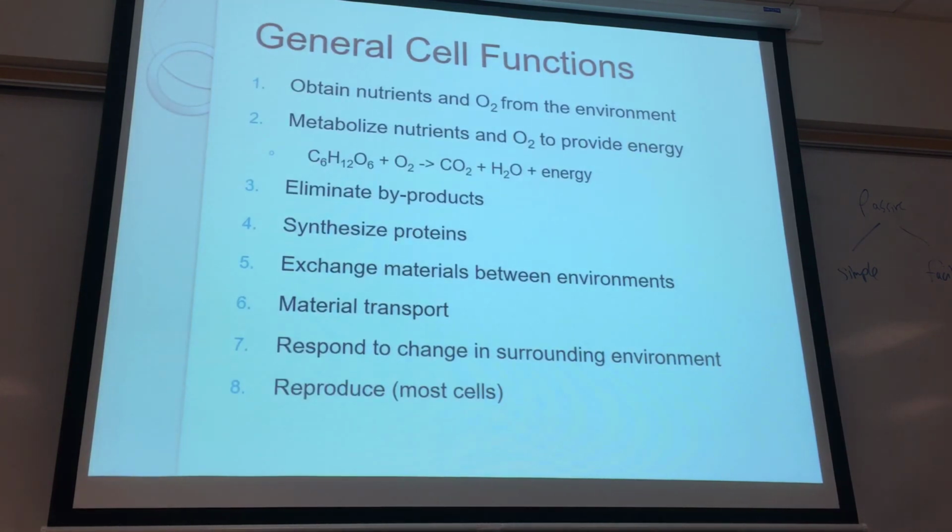So far, in this process, we've been able to look at how we eliminate byproducts. We talked about the elimination of byproducts through lysosomes. We've talked about synthesizing proteins through the process of transcription and translation.